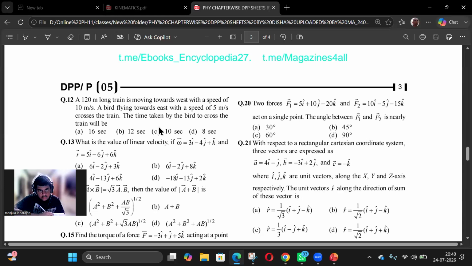The displacement d is equal to 120, length given.